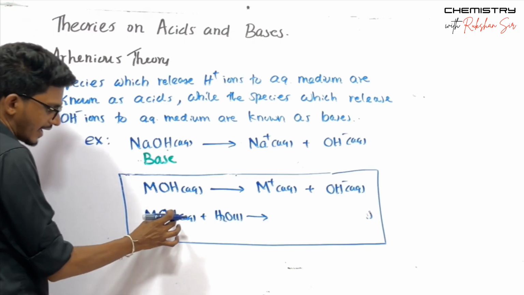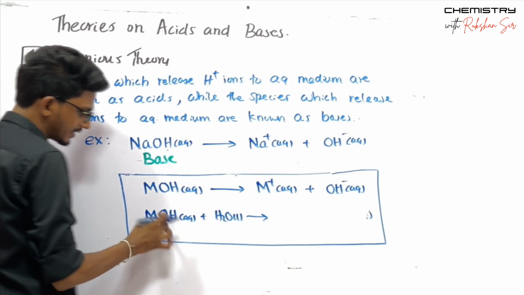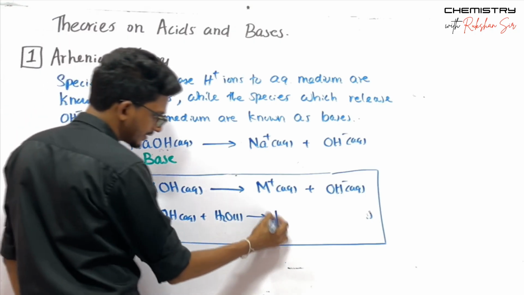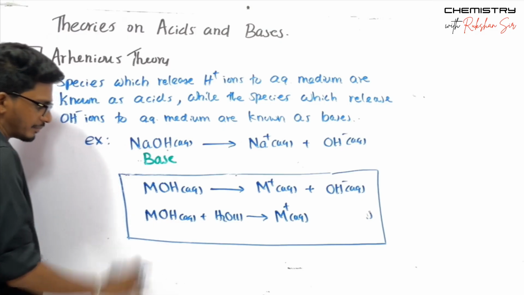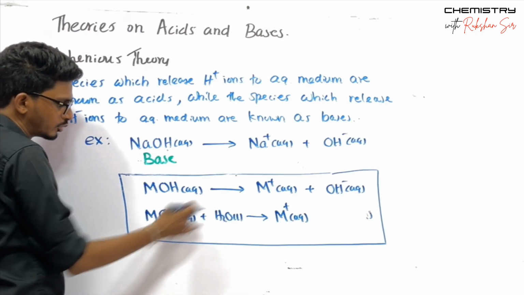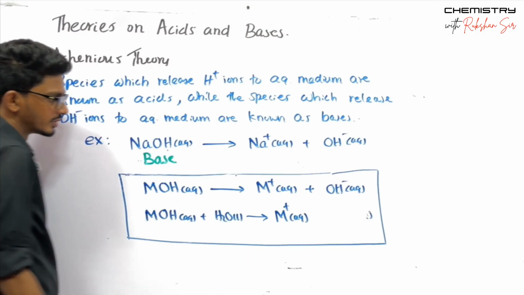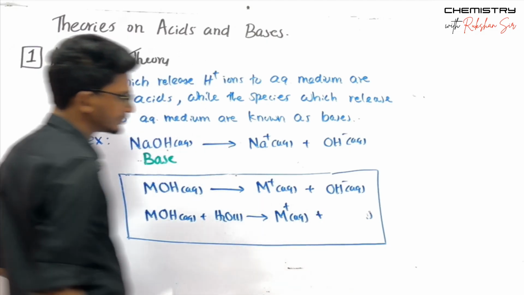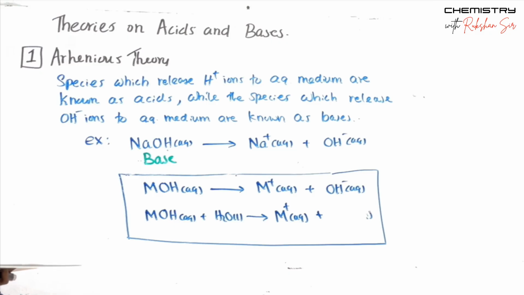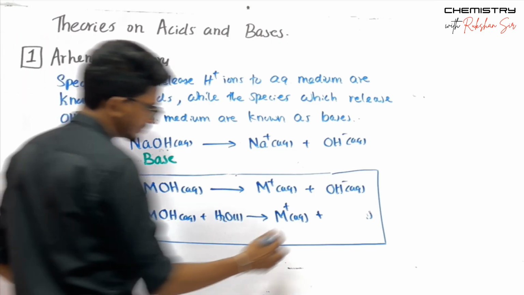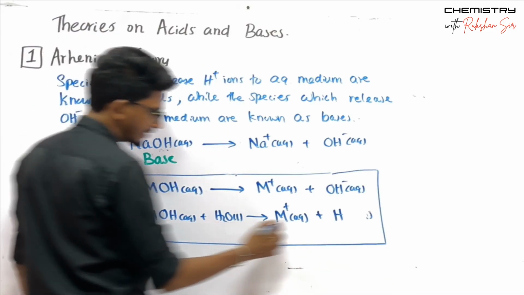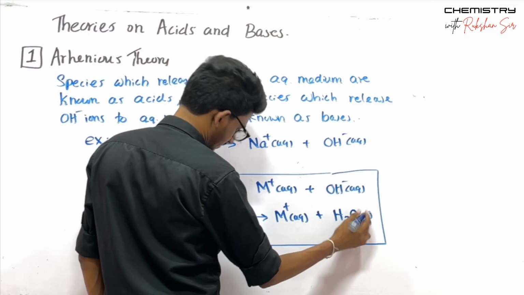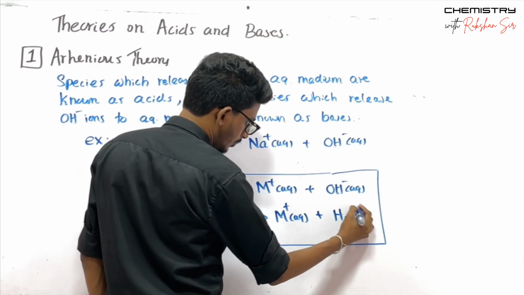As OH minus ions are released, this will come up as M plus, and this OH minus connects with H2O. OH minus with H2O can be written as H2O with OH minus. That is going to be H3O2 minus.